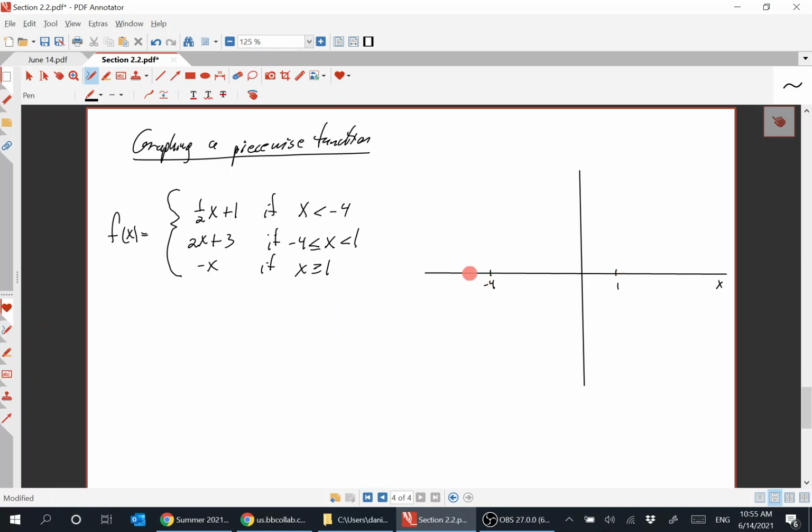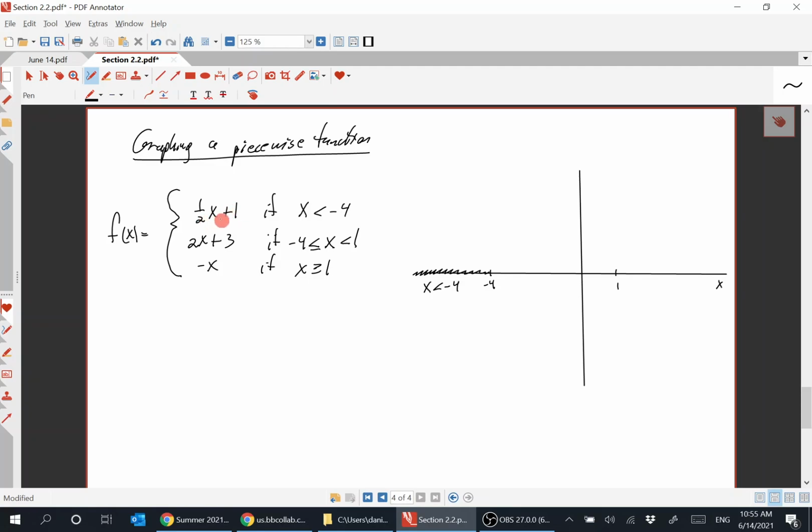For x is less than -4, for x is less than -4, I use this, the 1/2 x plus 1. Well, at x equal to -4, if I were to plug x equal to -4 into this, although I'm not supposed to evaluate the function there, to get the boundary point, I need to do that.